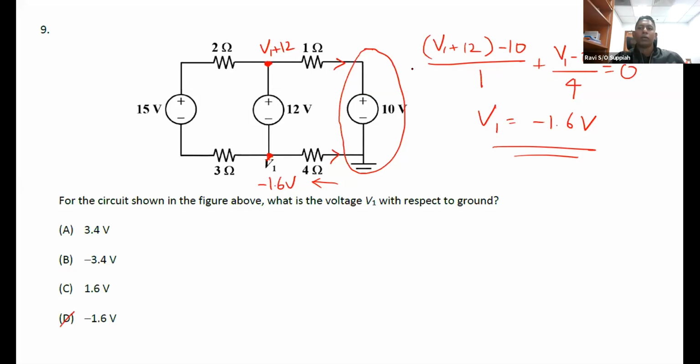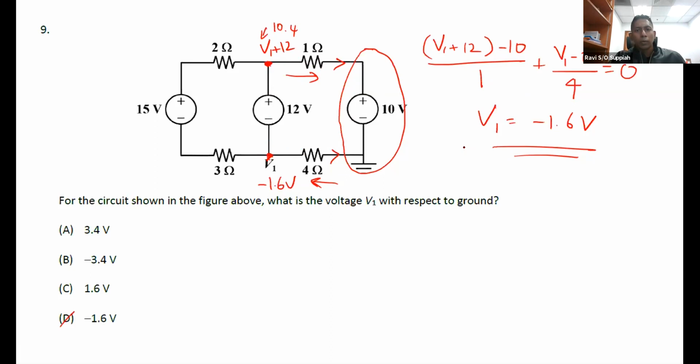Now, after we solve this, we know V1 is negative 1.64, so the actual current is in this direction. Applying this over here, this point is going to be 12 minus 1.6, correct? It should be 10.4 volts. Which means the current, with 10.4 volts here, is going in this direction. So it all adds up now, correct? That means from this point to this point, current is going in the clockwise direction.